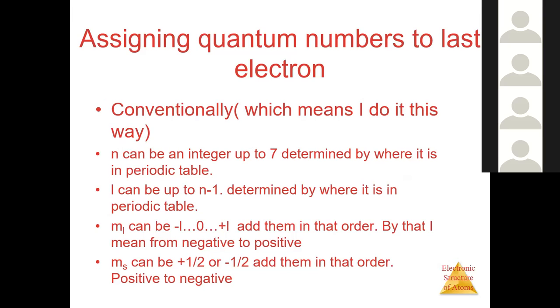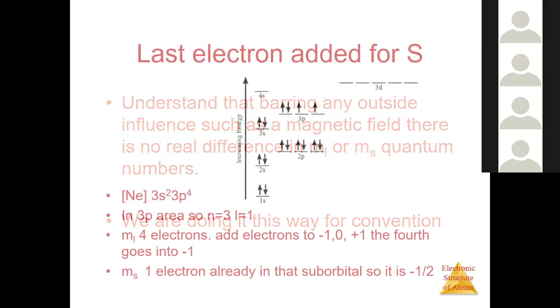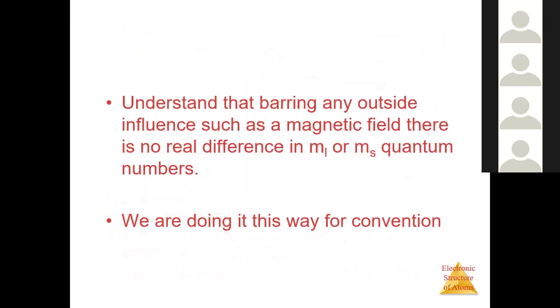If you're confused, tell me now, because this will be on the test on Tuesday. Again, barring any outside influence, if you're putting one electron in the M sub L suborbitals, there's really no difference that the M sub S has to go in with the spin going in the up direction. We're just doing this for convention's sake.